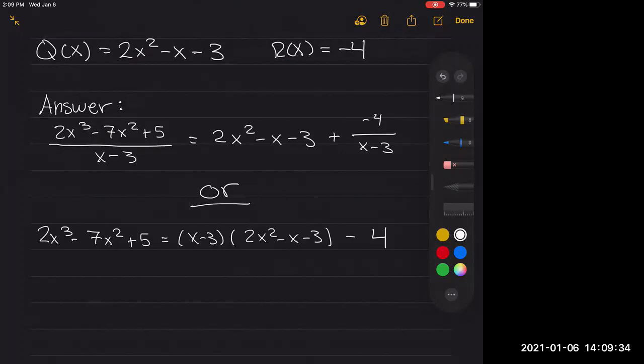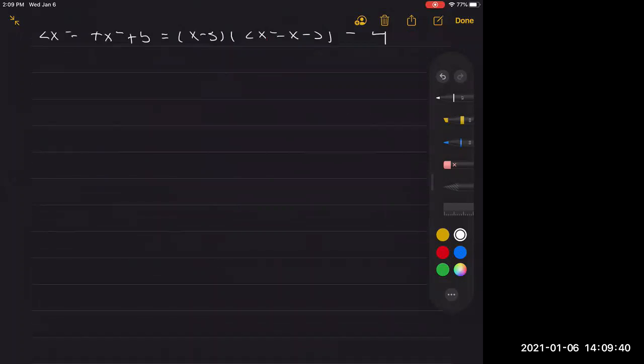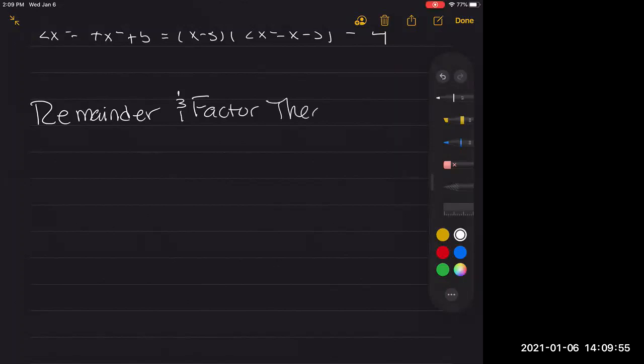All right, so moving on from here, we're going to go over some important theorems that help us with understanding how dividing polynomials works and why it's important. So our big theorems are the remainder and the factor theorems.